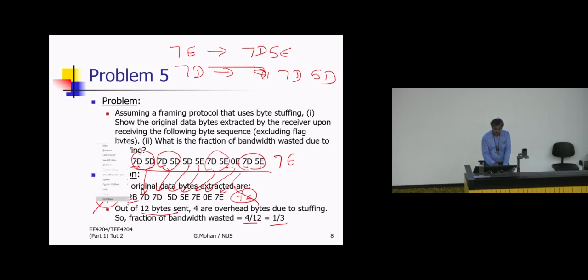Okay, 7E, then 5E. The first byte is 5E, is it? No, because whenever the receiver receives 7E, it knows that 7E is the flag. It's not part of the data. So this will be taken as the flag. Then when it receives 5E, that is 5E. Is that okay? Yeah.